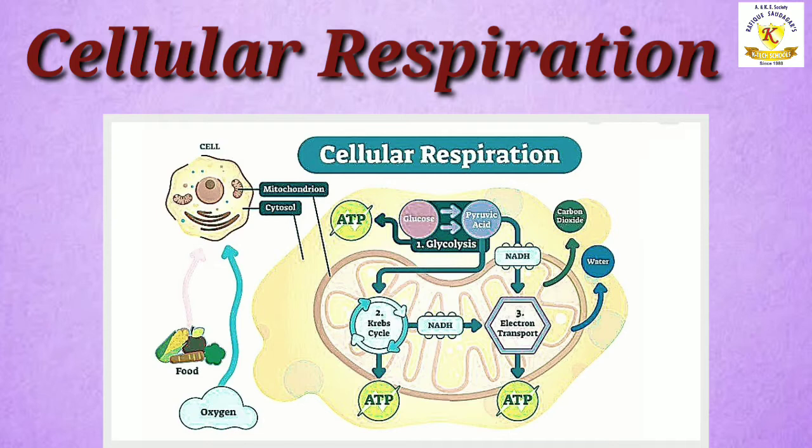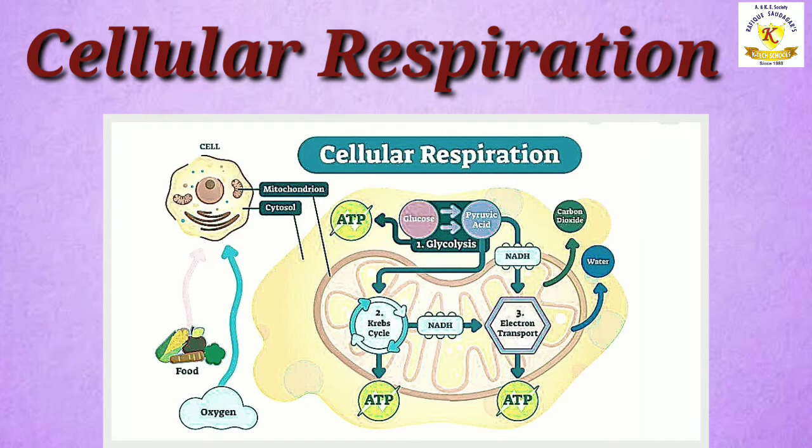It is a set of metabolic reactions and processes that take place in the cells of an organism to convert chemical energy from oxygen molecules or nutrients into adenosine triphosphate, that is ATP.